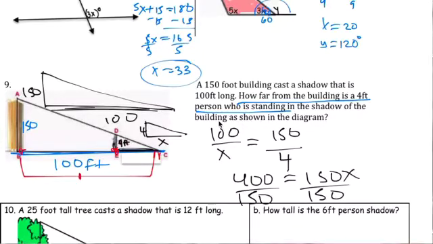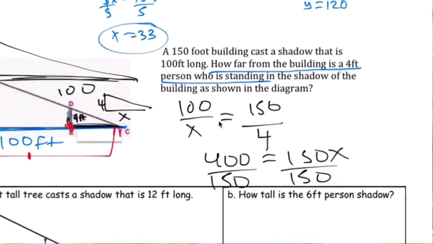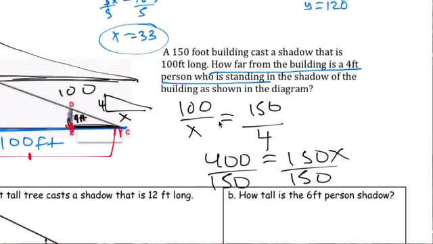Oh, that's 2 2/3. X equals 2. Divide by 5, you get 8. Yeah, 8 over 3.